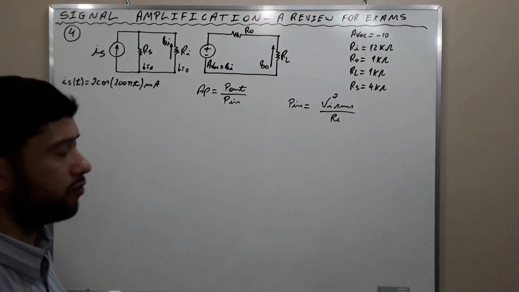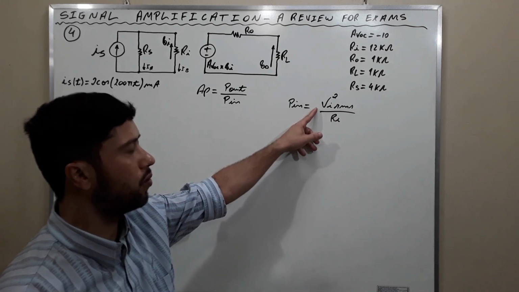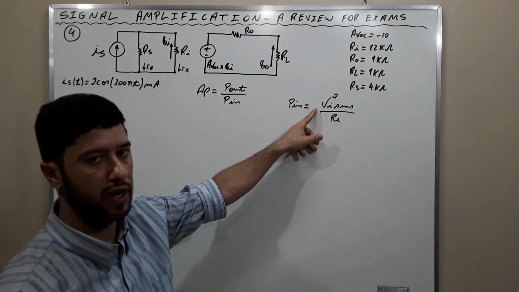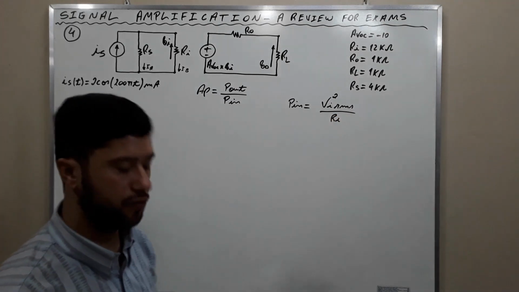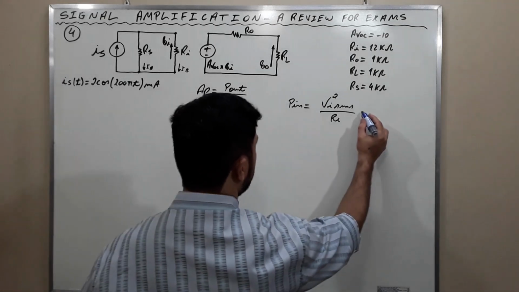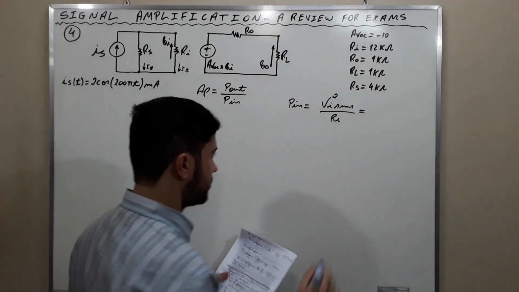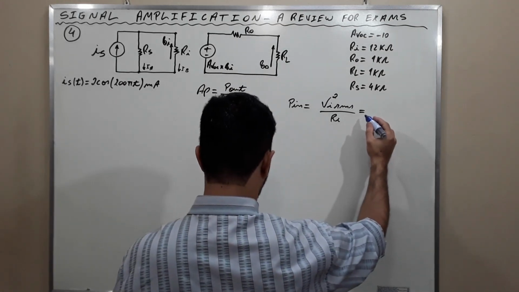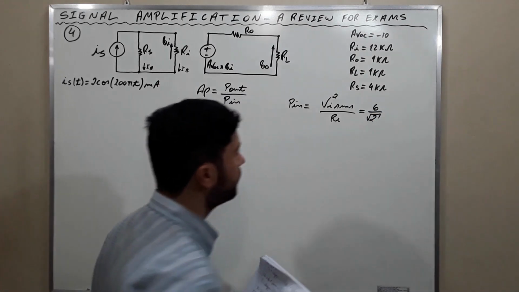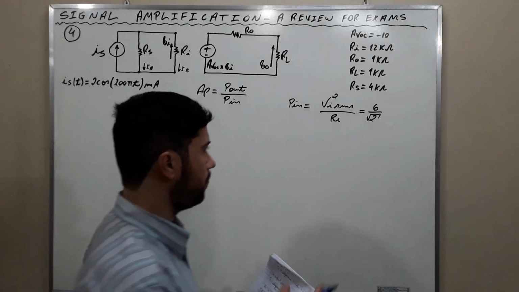Observe, it is necessary to mention it, observe that whenever calculating power, we don't consider peak values, we consider RMS values, alright? The input voltage we calculated and we found 6. 6 divided by the square root of 2, okay? The RMS value is the peak divided by the square root of 2.